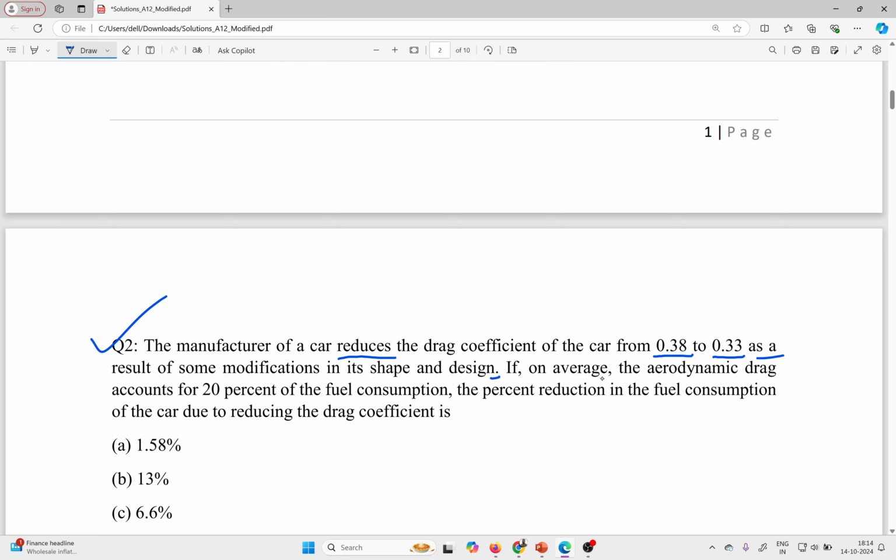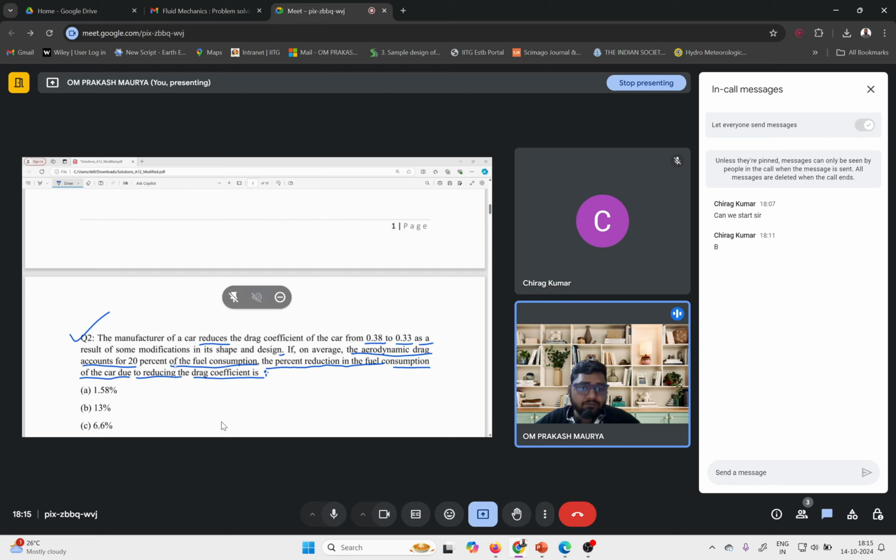If on average the aerodynamic drag accounts for 20% of the fuel consumption, the percent reduction in the fuel consumption of the car due to reducing the drag coefficient is. This is a practical question. For this question you have to remember the drag formula. If you remember it, then only mathematics is required. So please try to solve.